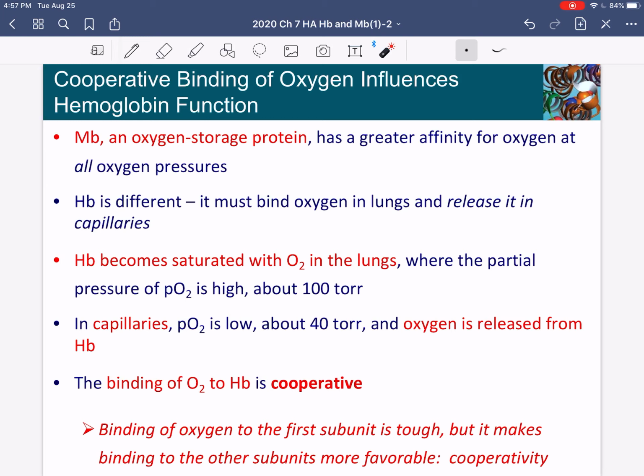And then when it gets to the capillaries at the tissue vein interface, the oxygen concentration is low, about 40 torr, and that's where oxygen needs to be dumped, right? We need to have that catastrophic release of oxygen. And catastrophic maybe is the wrong word choice, but we need to have that all or nothing release of oxygen at the right place.